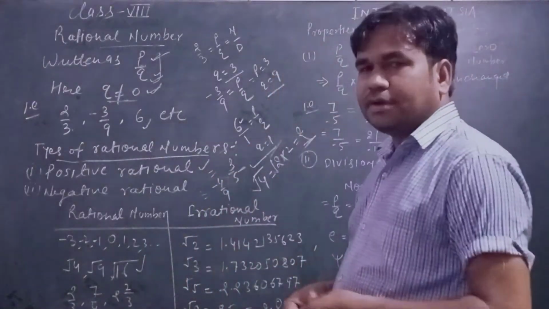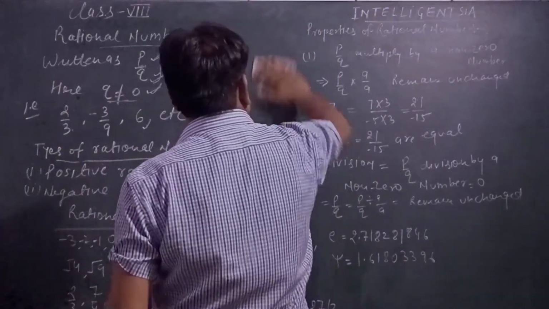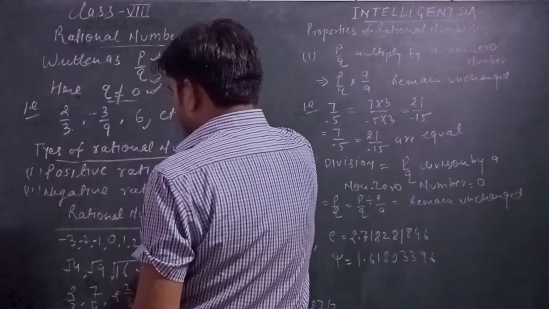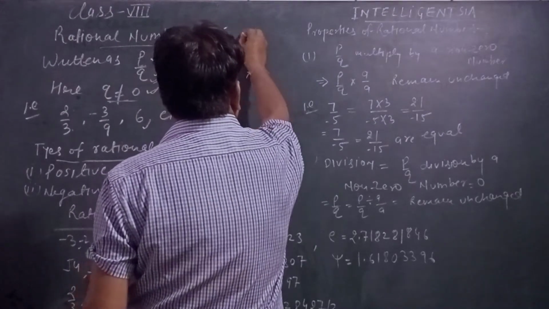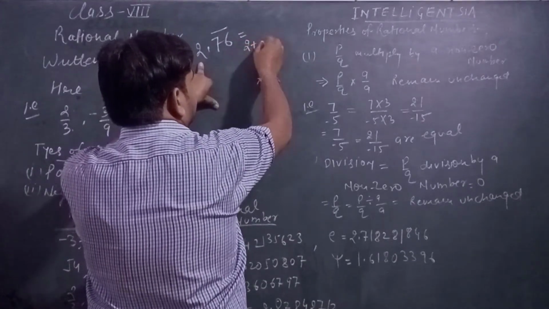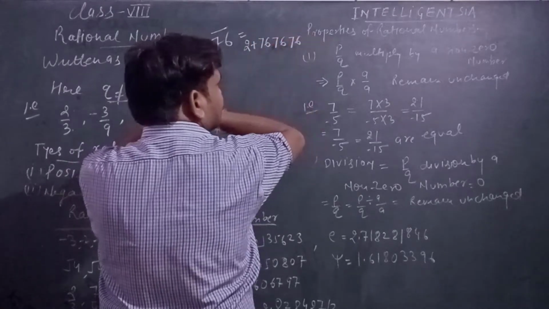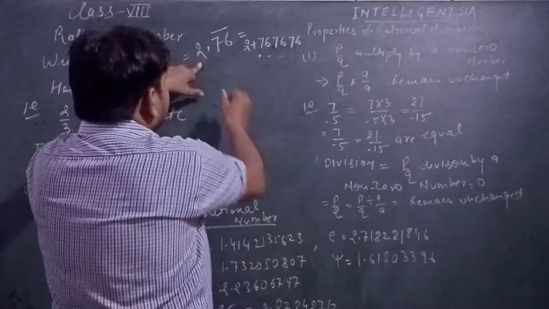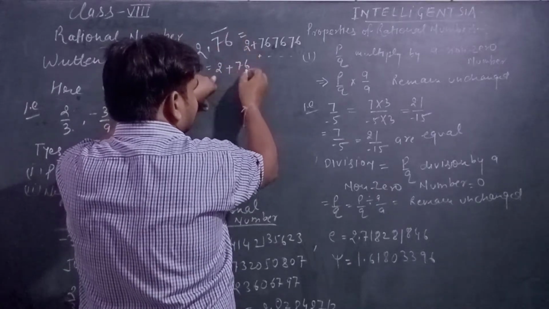And third, next we see 2.76 bar. It means to say we can write this as 2 plus 0.76 bar.